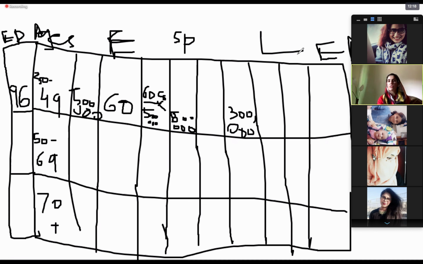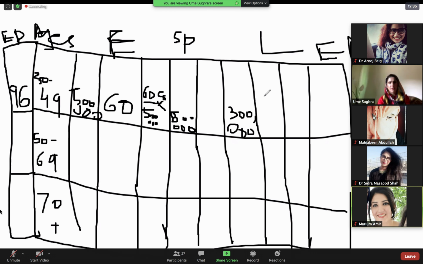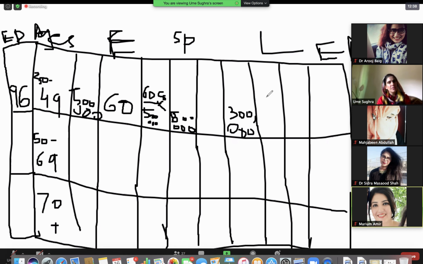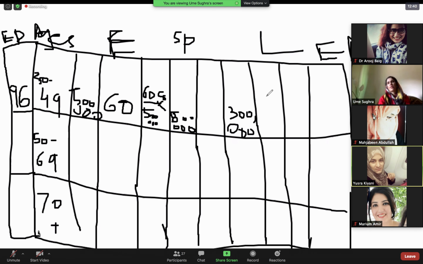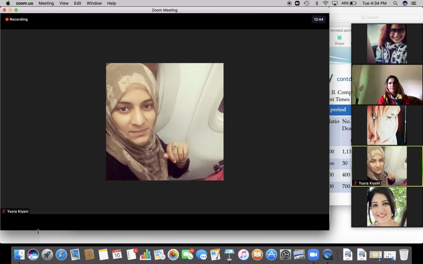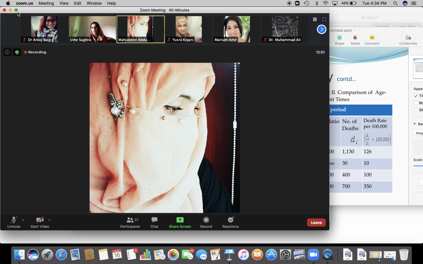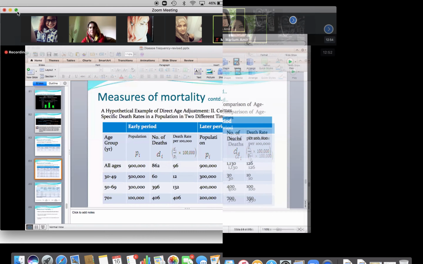Now the later period. Please tell me the observed number of deaths occurring in the later period in the age category of 30 to 49. 30. The observed number of deaths is 30.